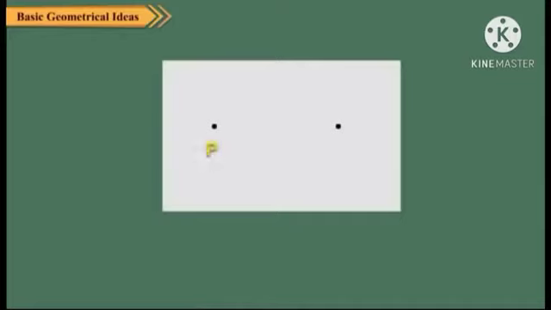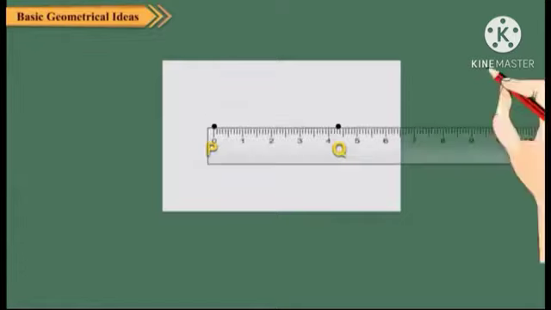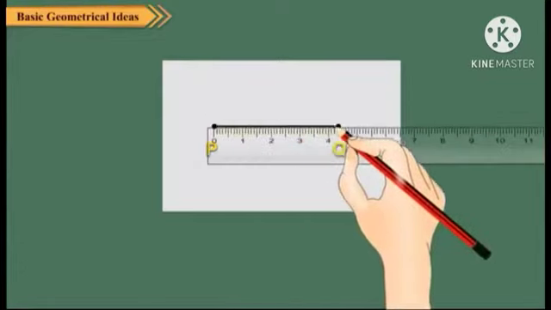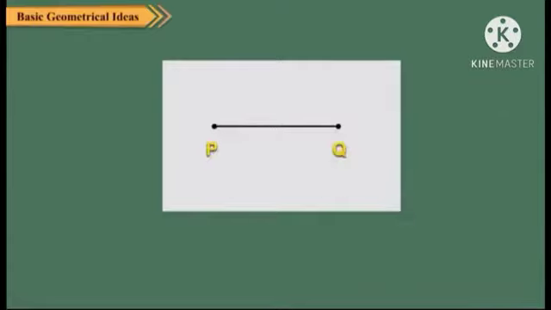Take 2 points P and Q on a paper and then join them. This gives the shortest distance between the points P and Q. The joining of P and Q gives a line segment PQ.